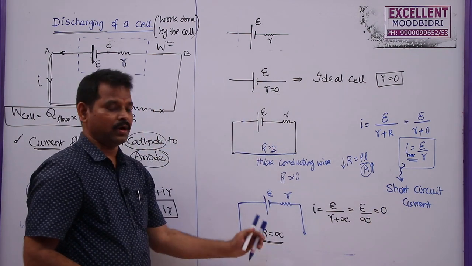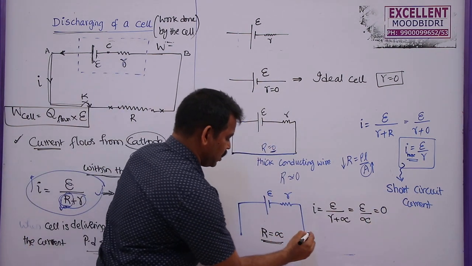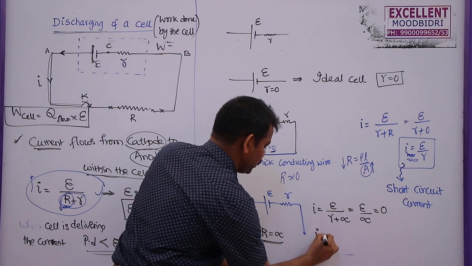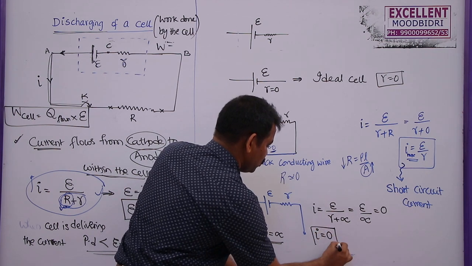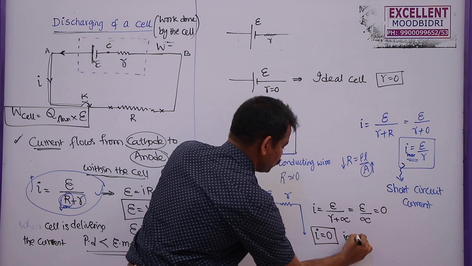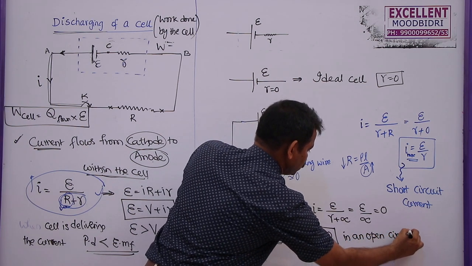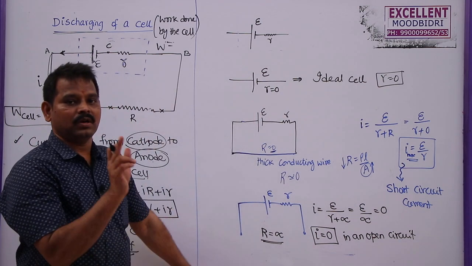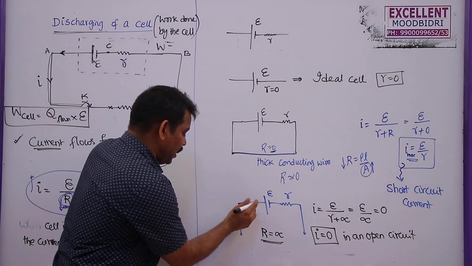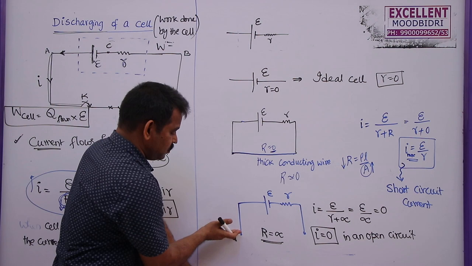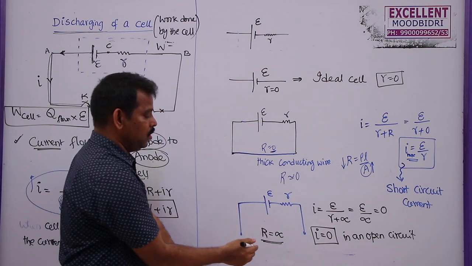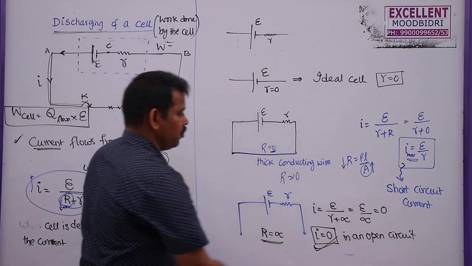That means no current flows here, and this is called an open circuit. So current is 0 in an open circuit. Whenever a circuit is open, no current flows through it. That means for current to flow, the path should be a closed one only. As it is open, no current will flow.